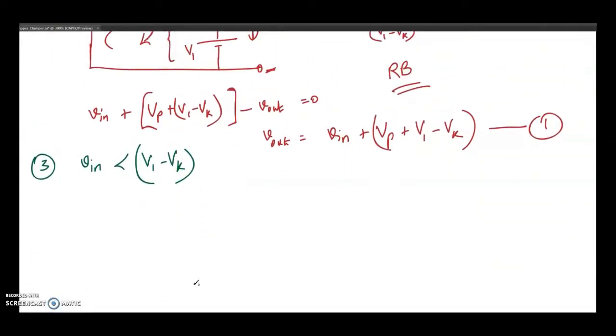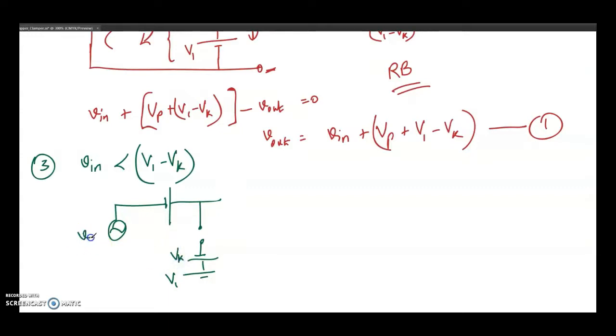To do that, let me draw the circuit once more. Vin less than V1 minus Vk. The circuit looks like this. Once again, there is no path for discharge for the capacitor, so I will keep the capacitor like this. The switch, let us see whether it is open or closed. Vk direction goes like this. V1 is like this.